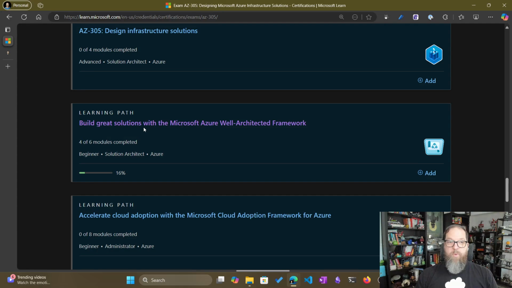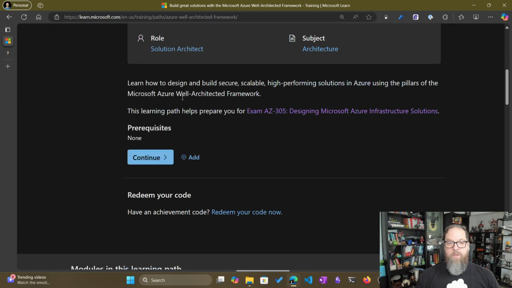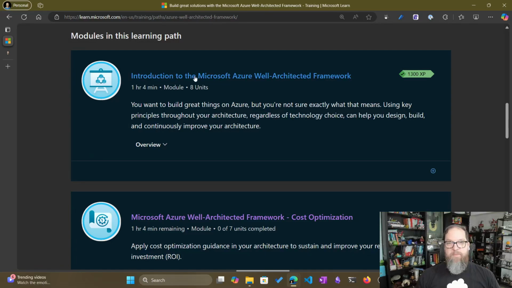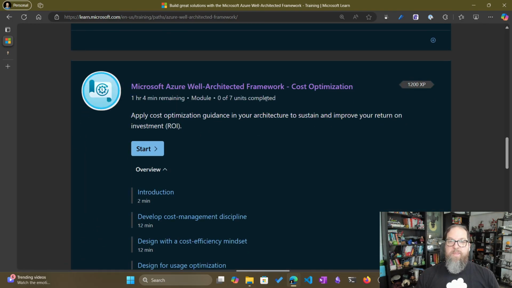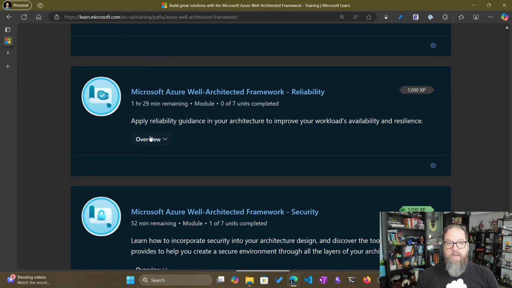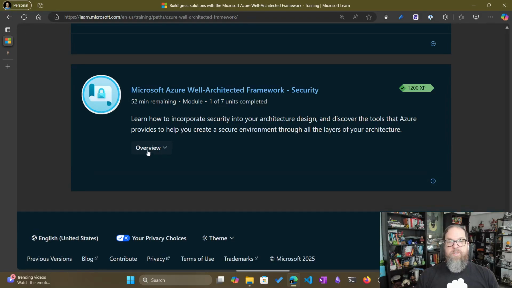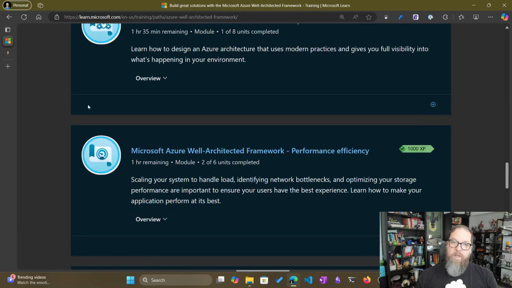So there's lots of great ones, but one of those learning paths is this one around how to build solutions with the well-architected framework. And if you want to see some of these, like there's a good introduction to this, which we'll talk about the various pillars in more depth, but then for each pillar, they go in a little bit deeper. And so you can come down here and dive into the various pillars and just really familiarize yourself with the different capabilities.